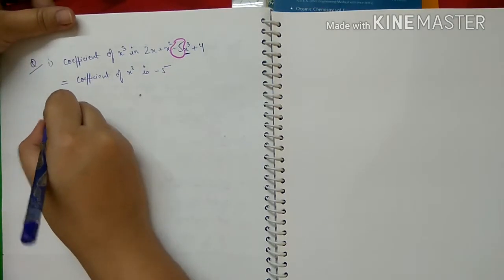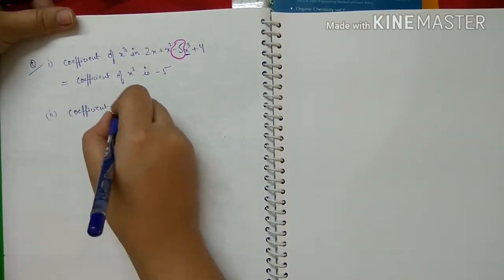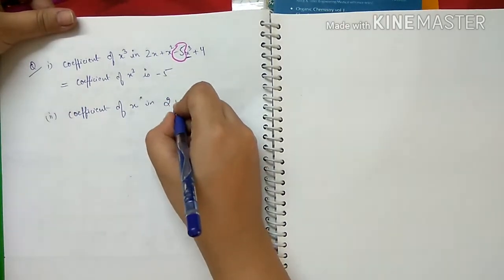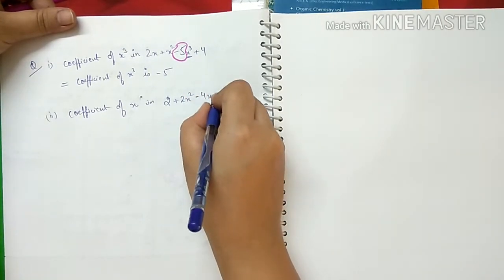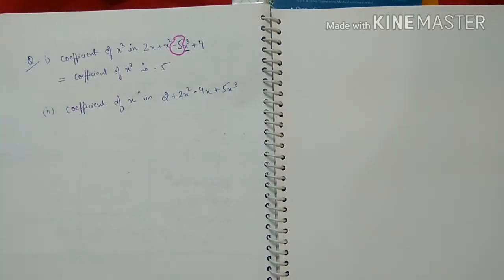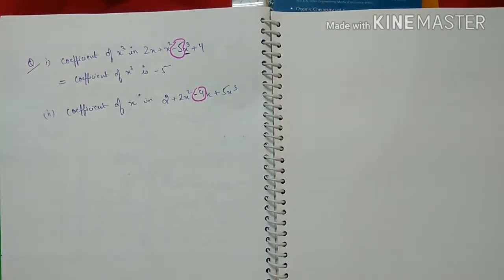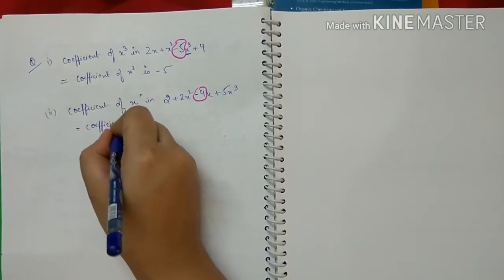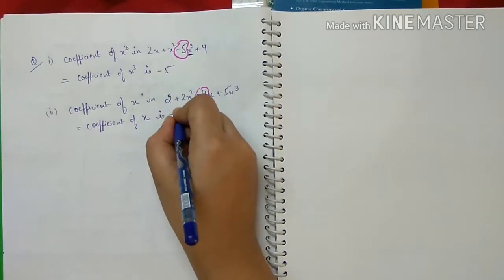Similarly, if I ask what is the coefficient of x in 2 plus 2x square minus 4x plus 5x cube, for the x our coefficient is minus 4. So the coefficient of x is minus 4.